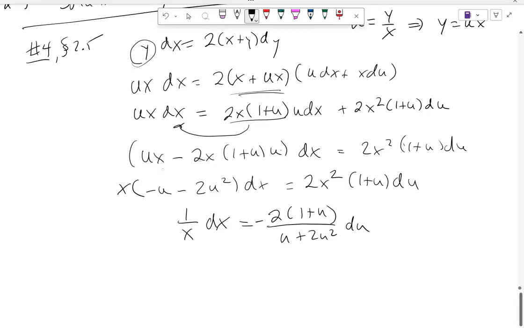Can we solve that now? Yeah, because now I can integrate both sides. This one's going to require a little bit of work. You're going to have to use partial fractions. Sorry. So I'm going to leave that part here and let you do that with partial fractions.